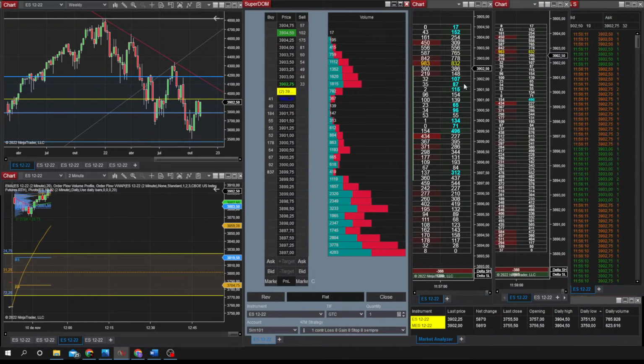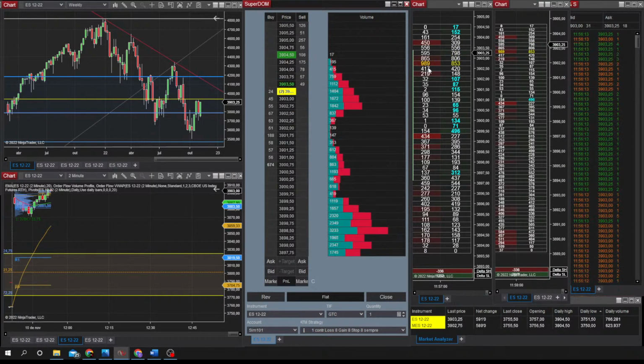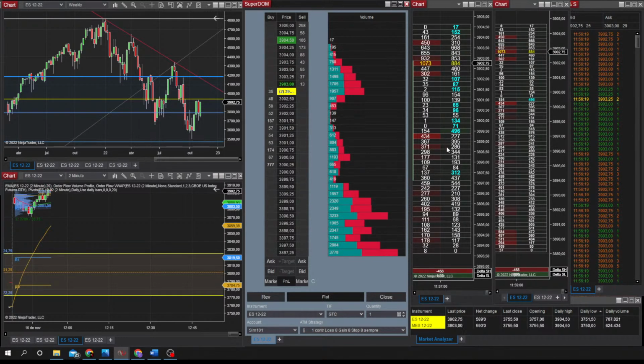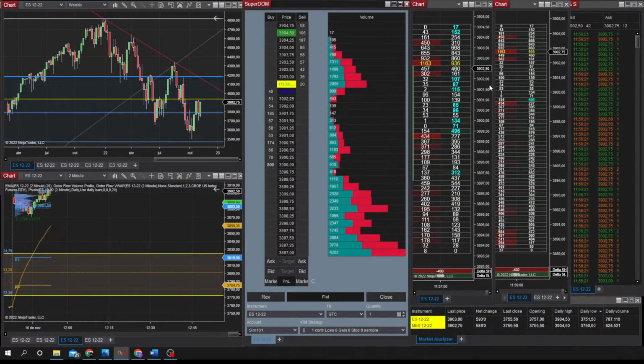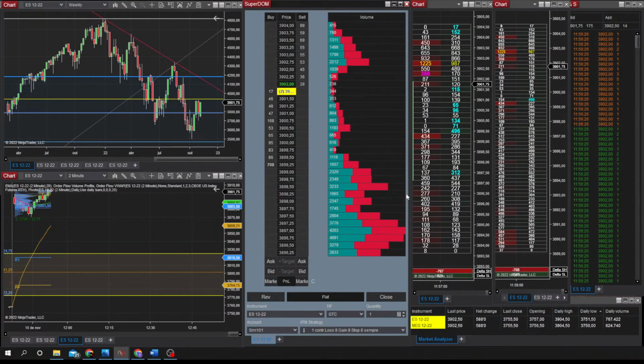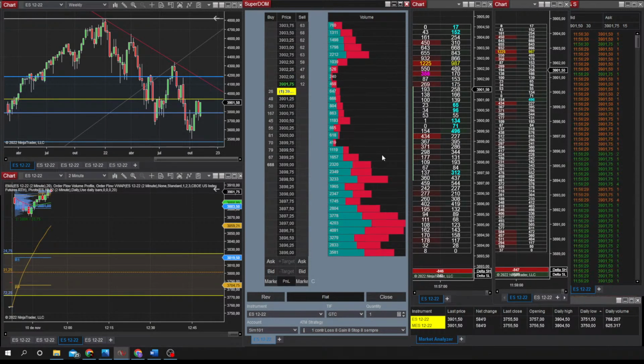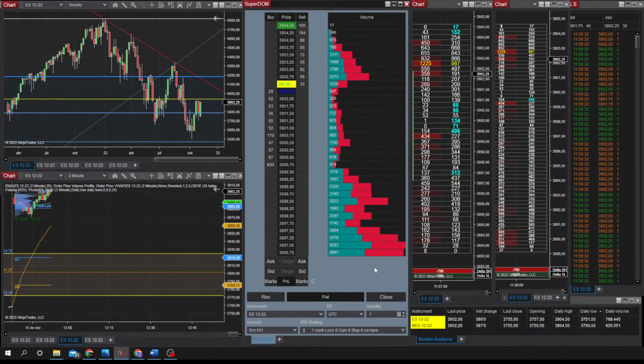We're seeing 3902 here. Look at the buyers' absorption here, how they're absorbing. It means that sellers are really selling, but you have buying appetite. It does not mean that buyers will win.